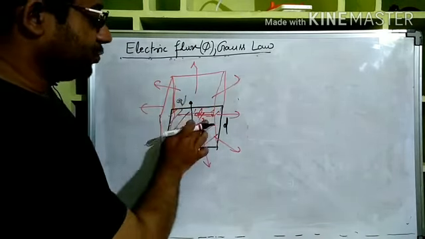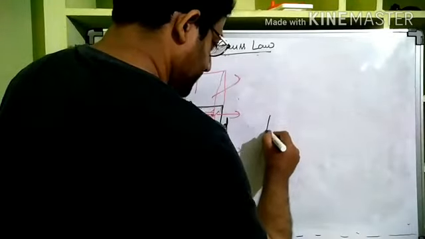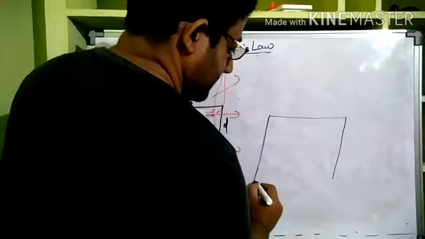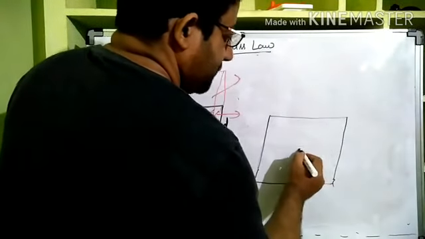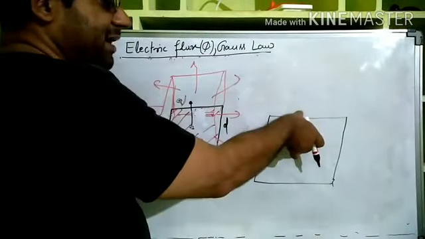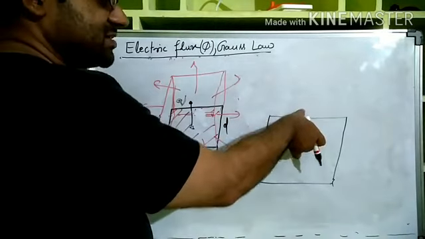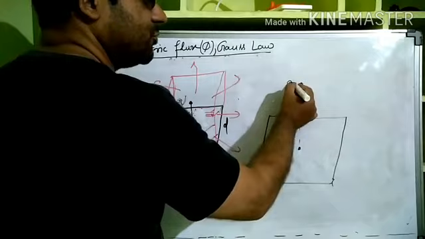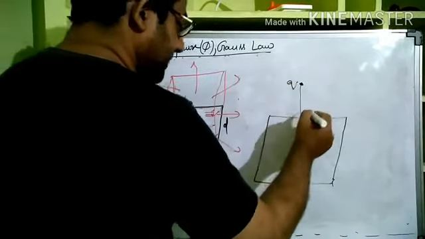I am rewriting that again. So from the center of the square at d by 2 distance, the charge was there. Now that is taken to d distance. The same charge q is there, but the distance became d now.